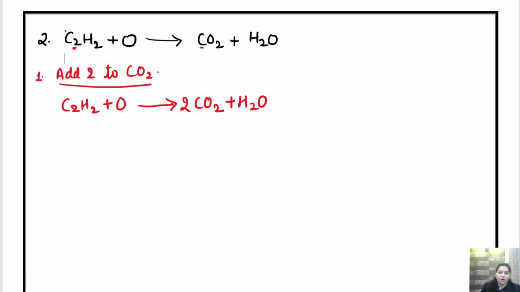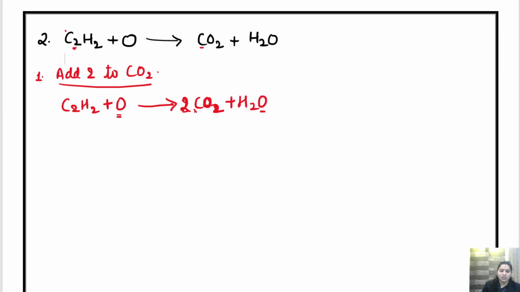Then let's see oxygen. We have 1 oxygen here, but here we have 4 and 5 oxygen. Well, how many oxygens we have here? Children, see. ये 2 और ये 2. We will multiply it. So it is 4. So we have 4 oxygen here and 1 oxygen here. So altogether we have 5 oxygen.